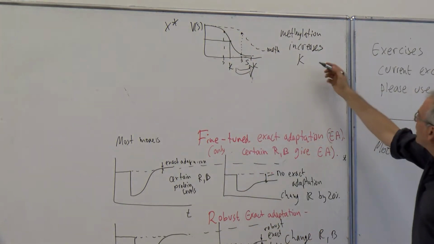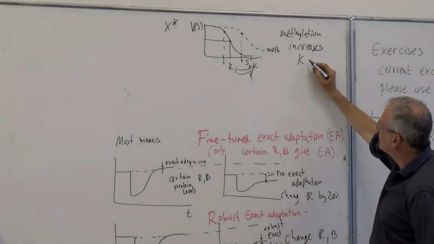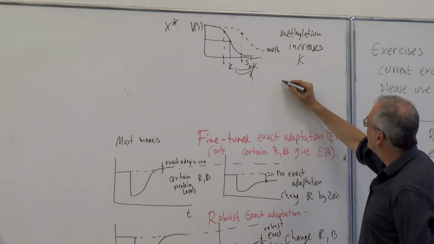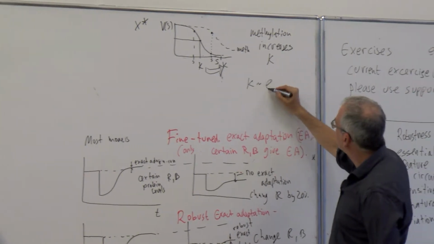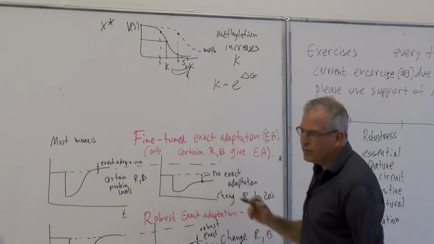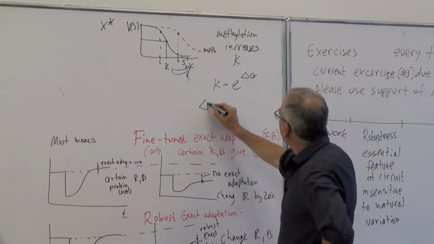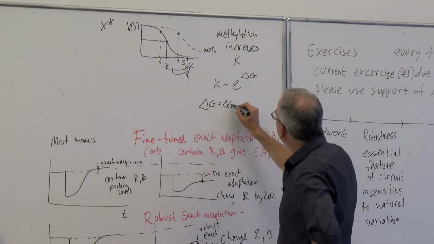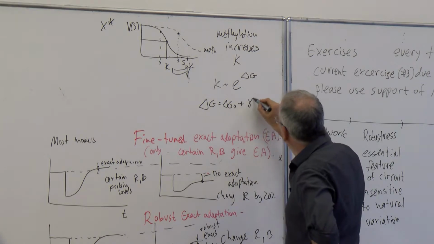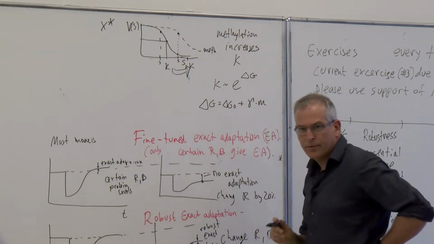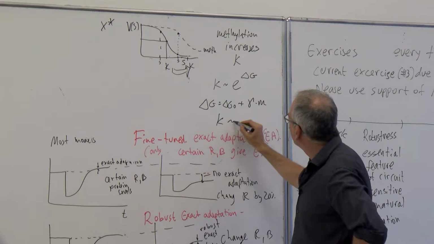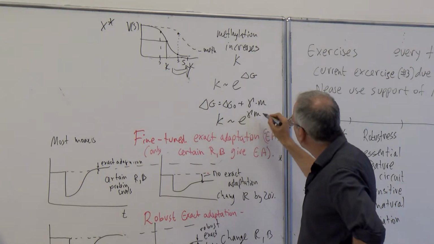And the way that methylation increases K is also known biochemically. K is basically given by the free energy of the active and inactive conformations. And what methylation does, each methylation adds a little bit of free energy. So in fact, K goes exponentially with methylation.